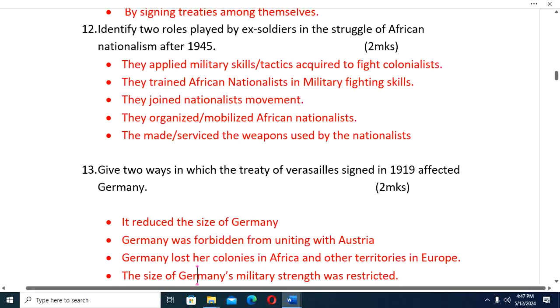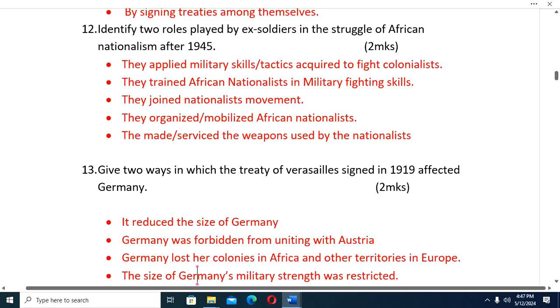So the role played by ex-soldiers, people who accompanied the white man soldiers to go to war in the Second World War. So what roles did they play? Number 1, they applied military skills or tactics acquired to fight colonialists.